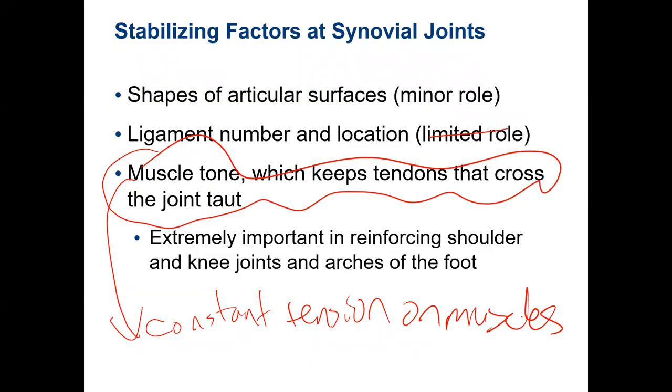And it's muscle tone, that tension on the muscles, that holds the joint in place. The muscles that cross your shoulder, for instance, hold the bones of the shoulder in place up against your body. So muscle tone, the most important stabilizing factor in a movable joint.